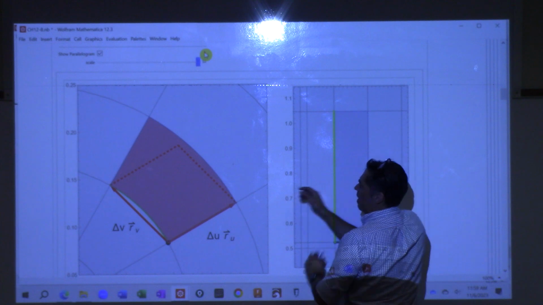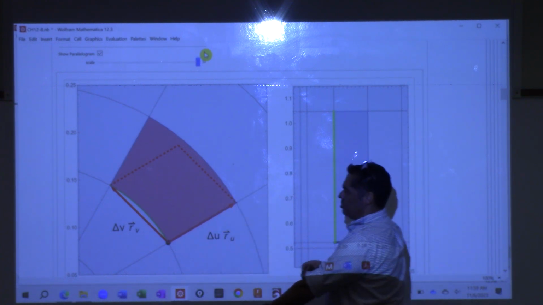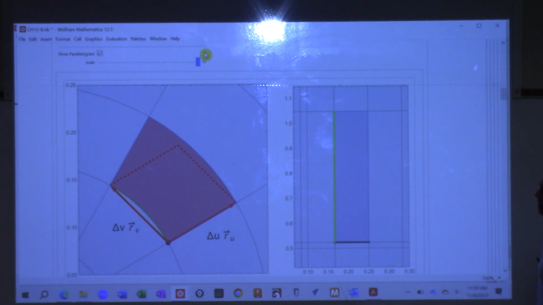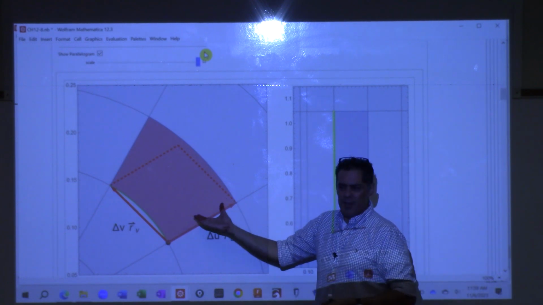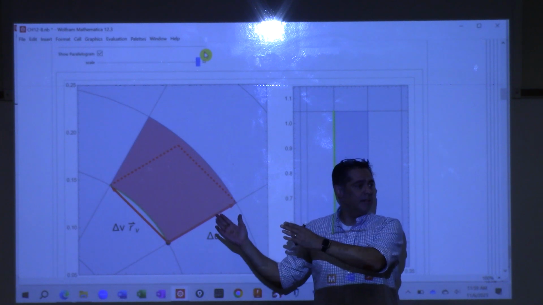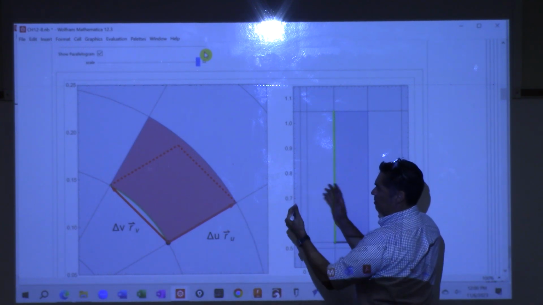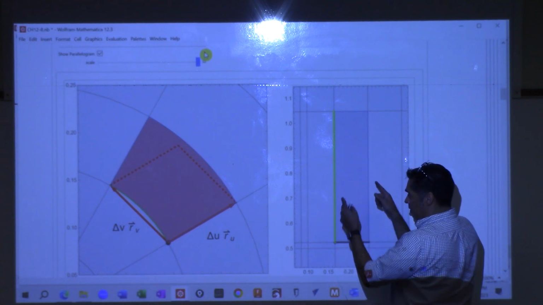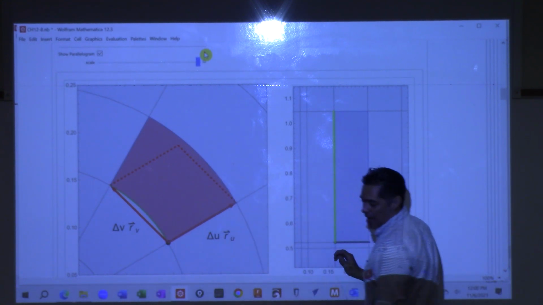This area and that area are not the same. They're different shapes. But is there a way to somehow take this and scale it to become this? Whatever this area is, I need to multiply it by something to make it equivalent to that.